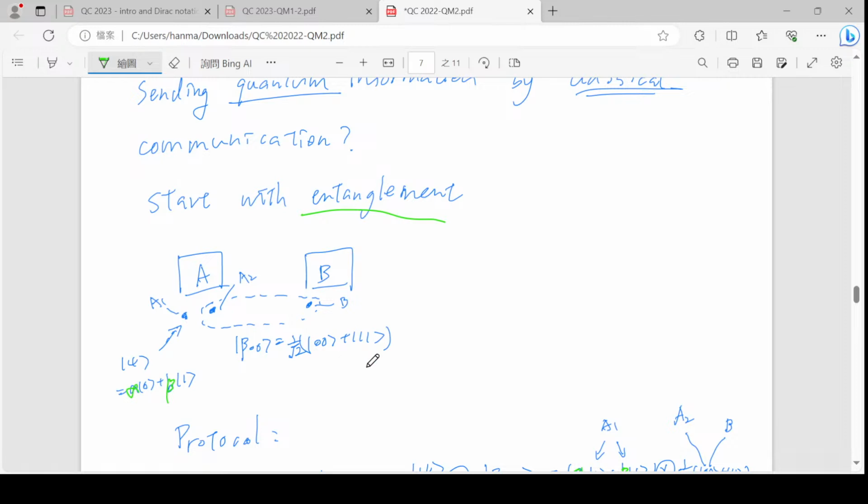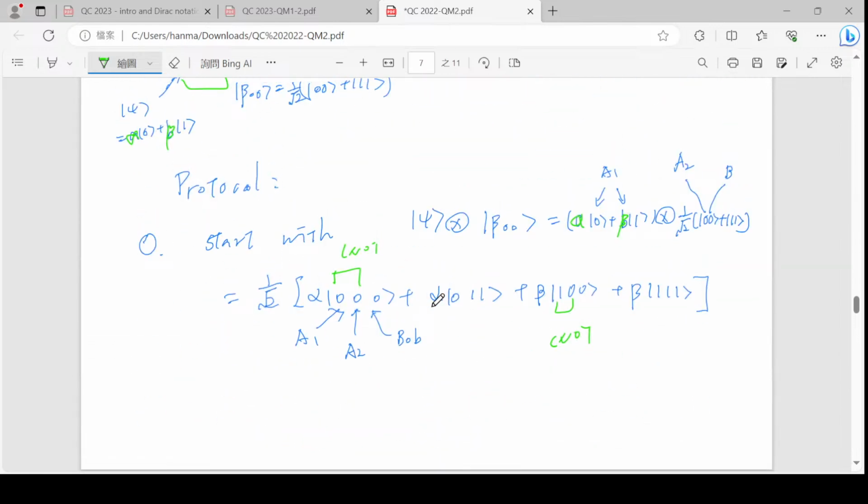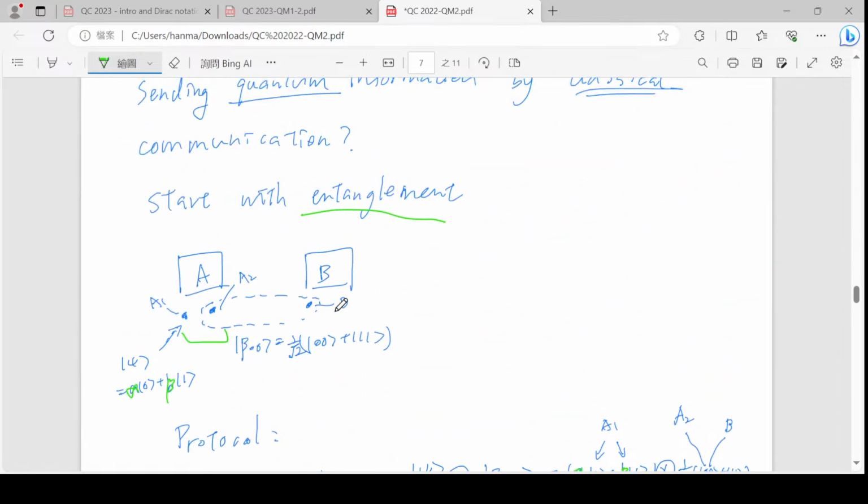Basically what they do is Alice will measure those two things in the Bell basis, and she will send the measurement result to Bob, and Bob then is able to recover psi on his part. Okay. So on this part they do the Bell basis measurement. Oh, sorry. And we'll see the details of the math later.